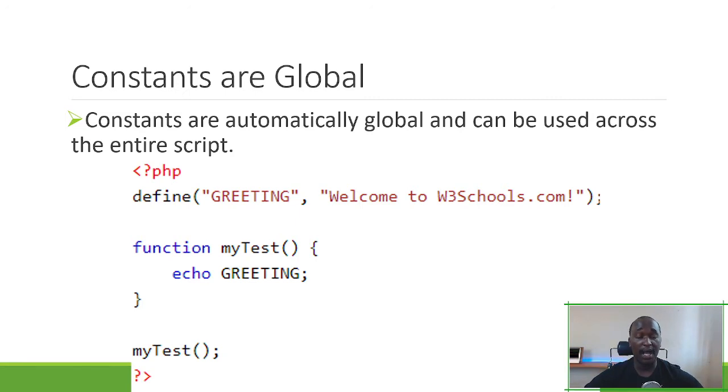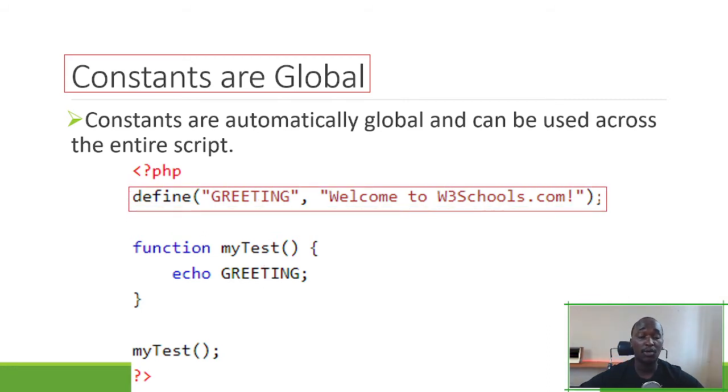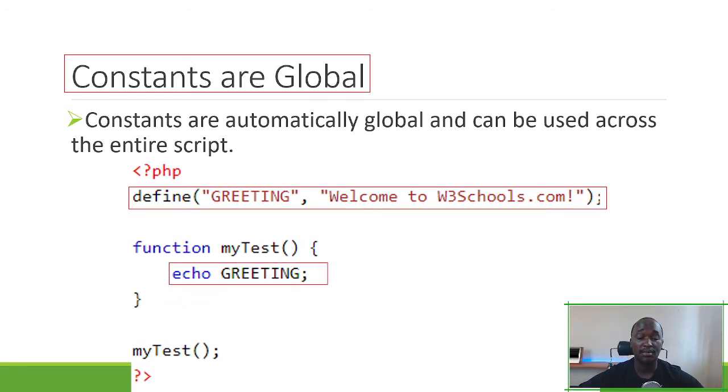Now, as I mentioned earlier, constants are global when it comes to scope, meaning you can access them from anywhere in your program. In this example, we're creating a constant called greeting. Then you can see that we are echoing greeting inside a function.